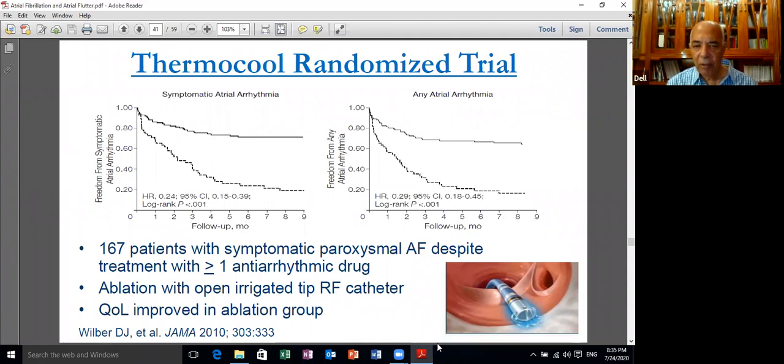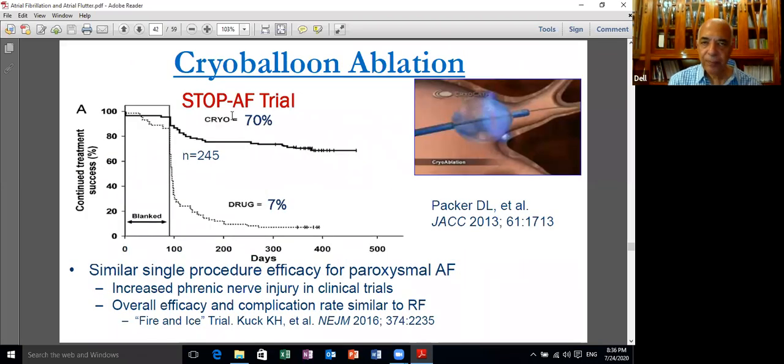Now, the common method here is ablation with open irrigated radiofrequency current. So this study was done with the existing technology, which is adopted now. And as you see, the arrhythmia is less, and the quality of life is better, because the symptoms are less.